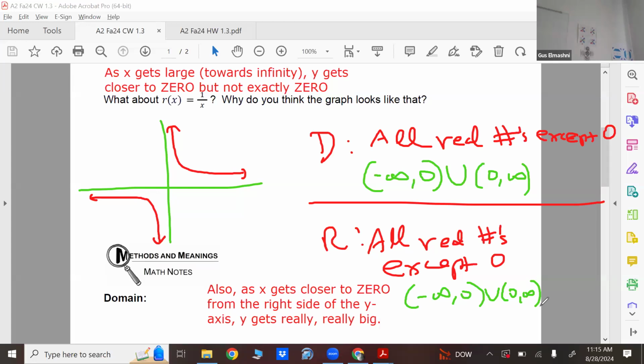How many branches do I see here? Just one graph, but how many different parts of this graph do I see? Two parts. So they both have their own domains. So you gotta write 2 intervals. For example, this x value gets close to 0, so it doesn't hit 0 exactly, so you can't divide by 0, but it's coming from the left side. This doesn't start at 0 exactly, but it's close to 0 and goes forever to the right.